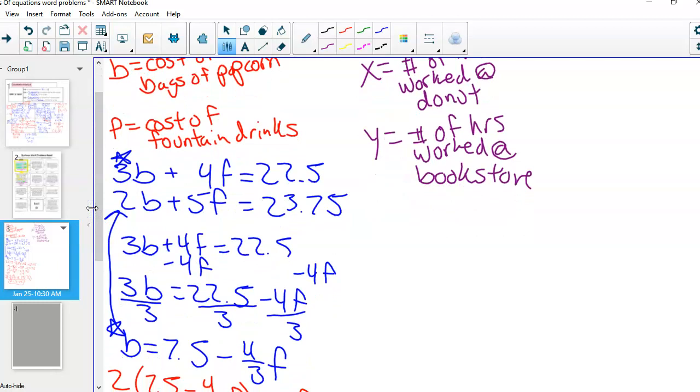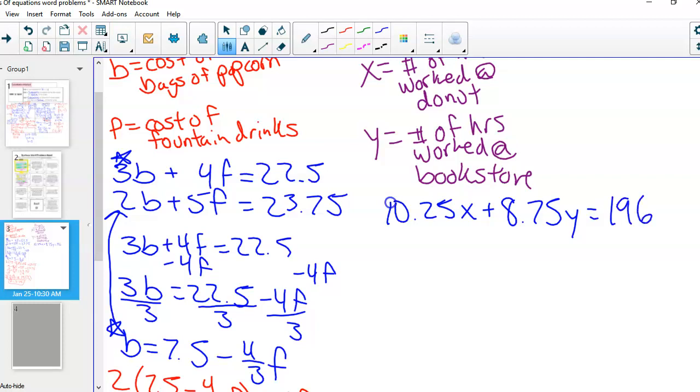Anyone want to take a guess? It's 10.25X plus 8.75Y equals, so this one's not going to equal 20, we have the hours plus, it'll equal 196.